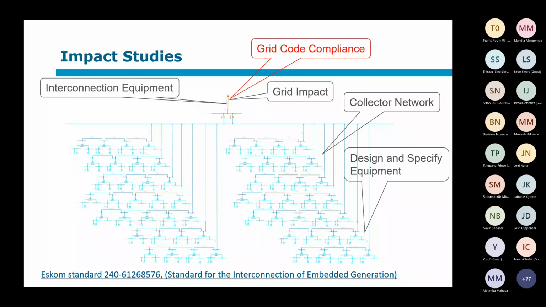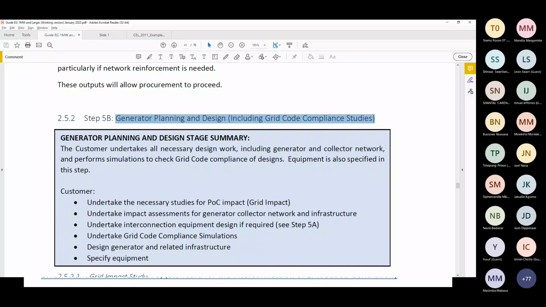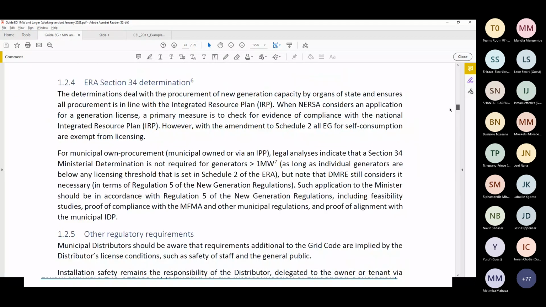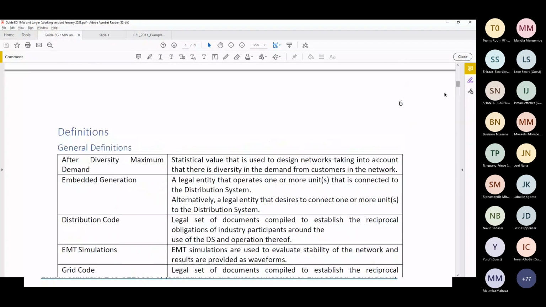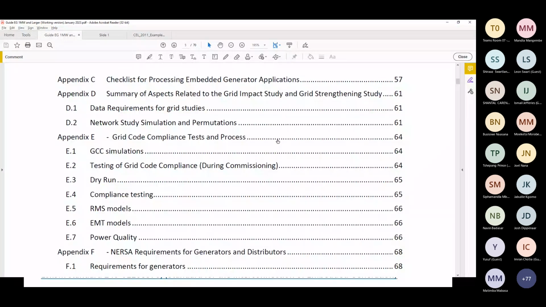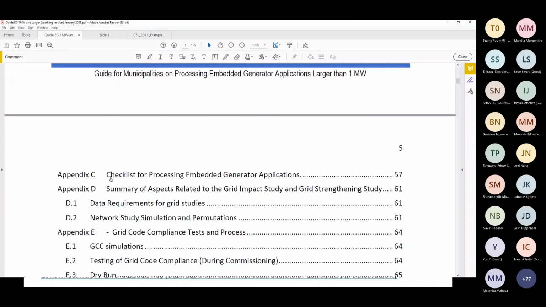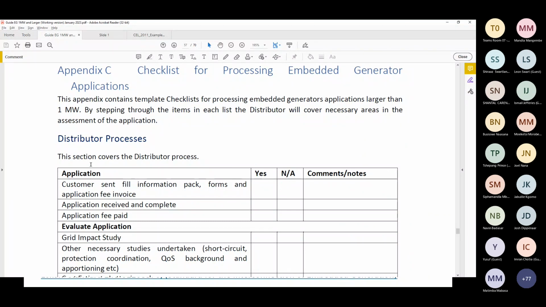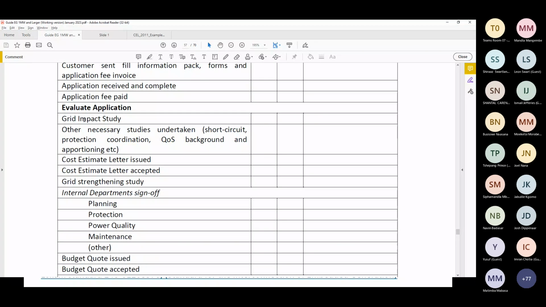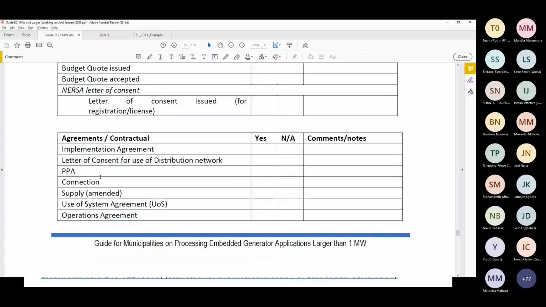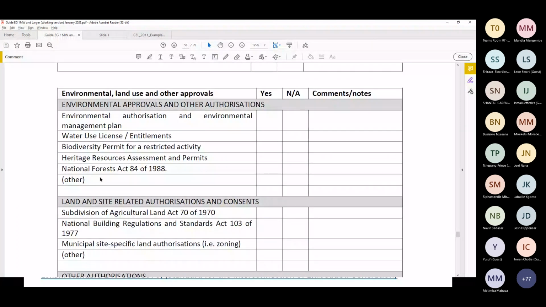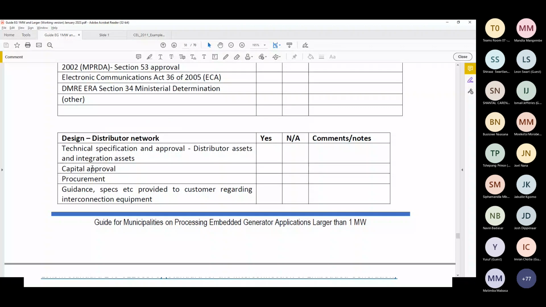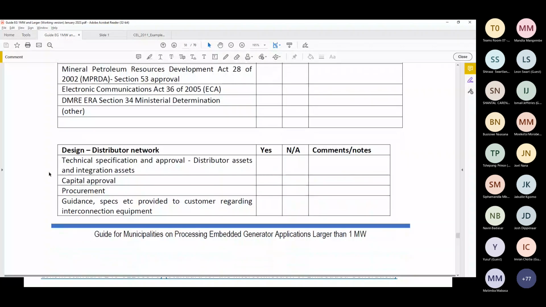Okay, so let's look at the checklist quickly. For that, I'm just going to scroll back up to the top. And then the checklist, Appendix C. Now we've done step 1, there's 2 and 3, 4, and that's still part of 4, there's step 5, design.